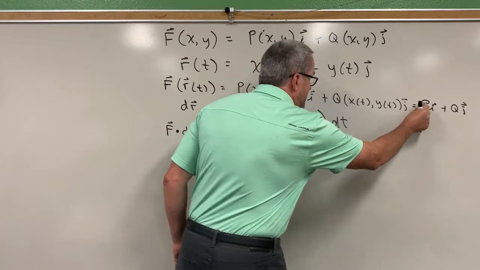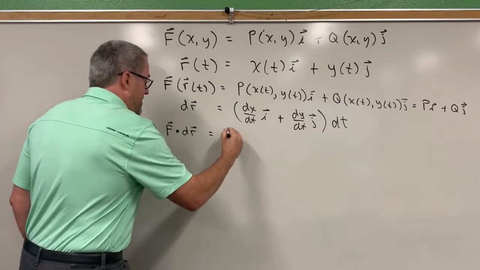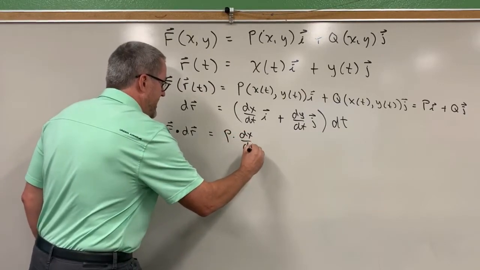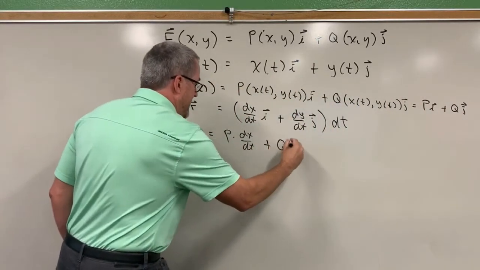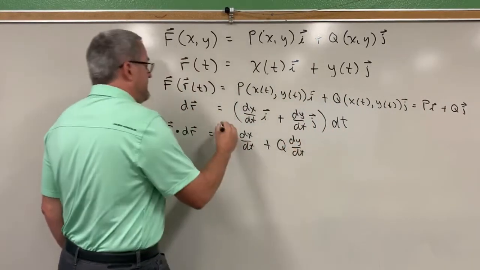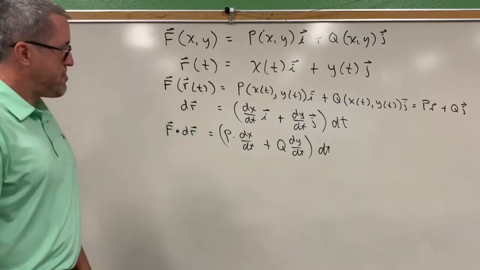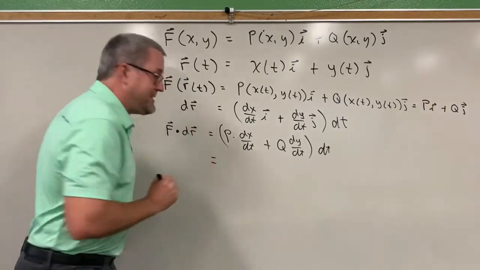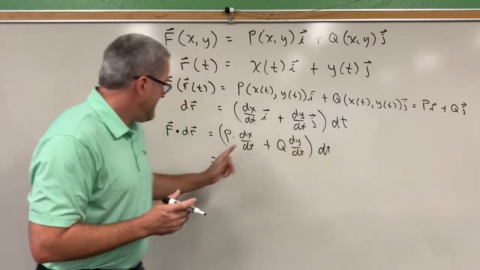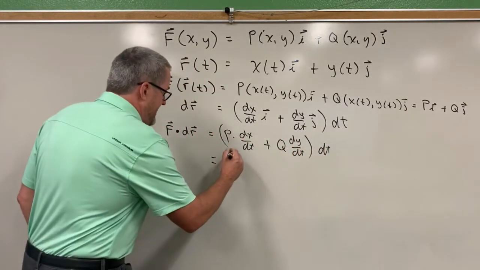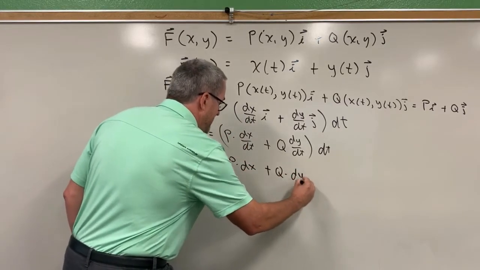The scalar that we obtain with this dot product is found by multiplying the i components, so we'll have P times dx dt, and q times dy dt. And then remember, we have that differential dt. So here's F dot dr, but let's go ahead and simplify it. If we multiply all of this out, the differential dt's would cancel, and we would have P times dx plus Q times dy.